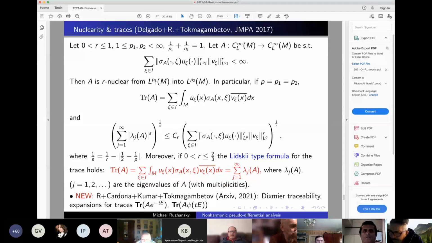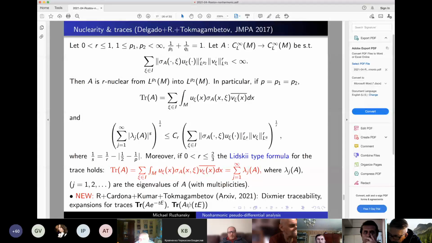But if the operator goes from the same space Lp to the same space, we can calculate its trace, and then we can prove. So the first is a condition on the symbol. If this condition on the symbol is satisfied, which we already had a while ago in this paper, 2017, then we have this estimate for the eigenfunctions.